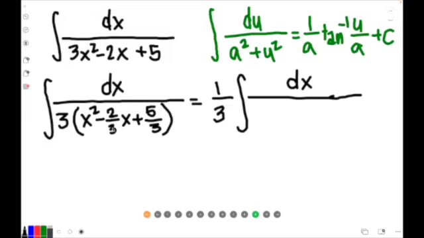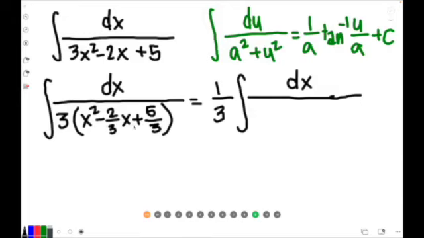Okay, so we are left with x squared minus 2x plus 5 over 3. This doesn't look anything like a perfect square, because if you remember this pattern in algebra, this should be x squared minus 2x plus 2 squared, which is 4.